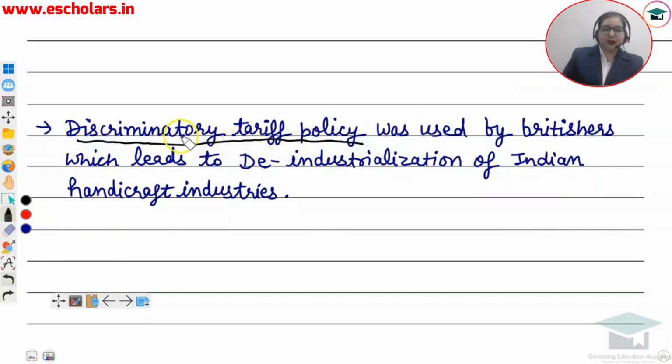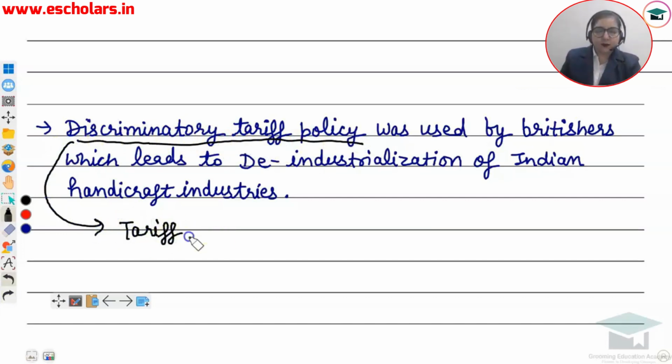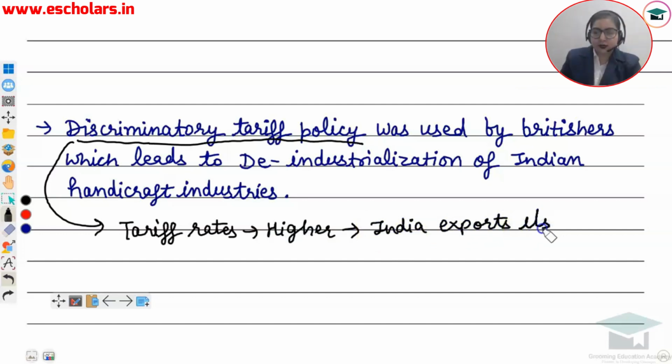Now what was discriminatory tariff policy? Under discriminatory tariff policy, the tariff rates were charged at a higher rate in case India exported its finished goods in foreign markets.